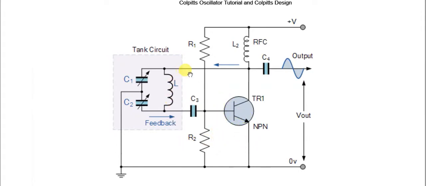So here we have the series feedback tank circuit. Now this time we have replaced the split L with the split C. The voltage drop across C2, which is VC2, is fed back to the base through C3, which boosts the output signal.